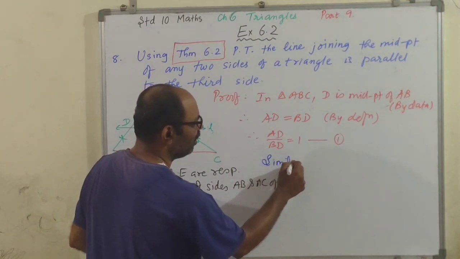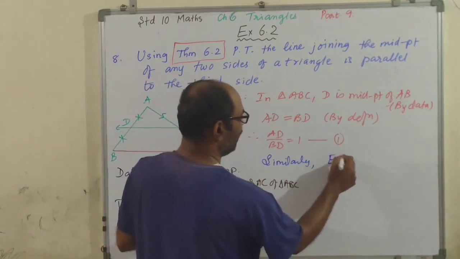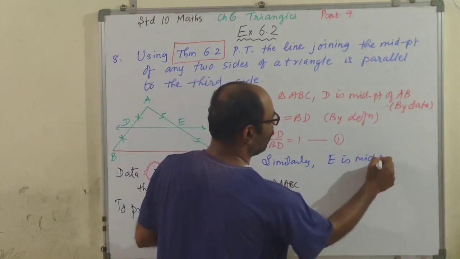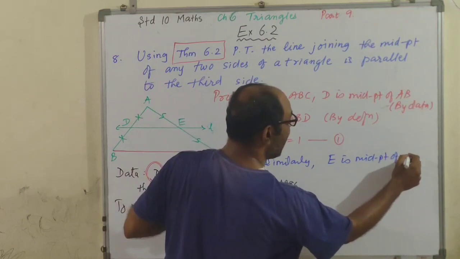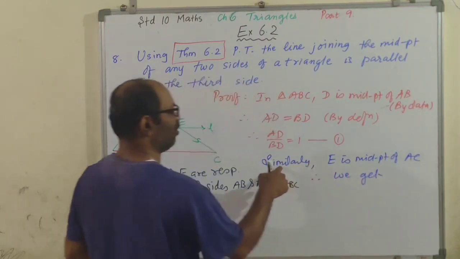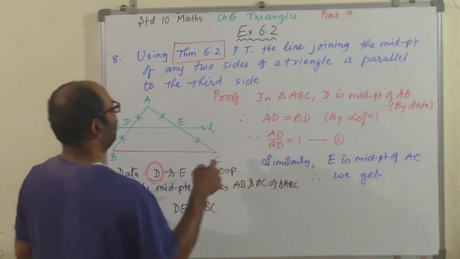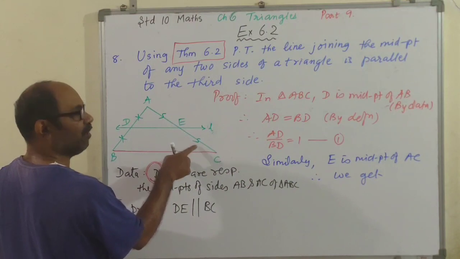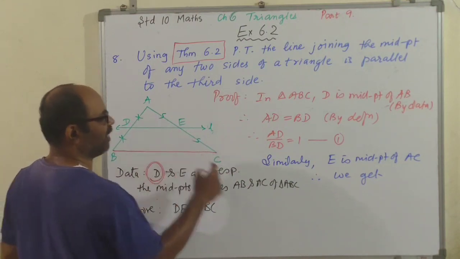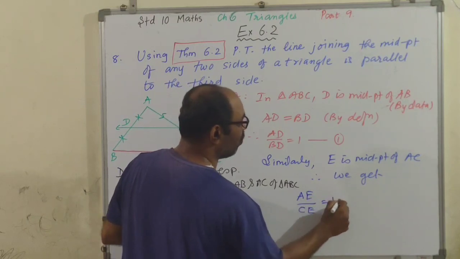Similarly, E is the midpoint of AC. Therefore, AE is equal to EC. That means AE upon CE is equal to 1.